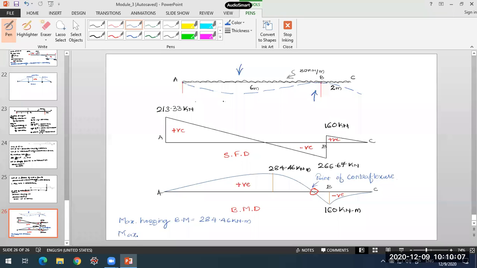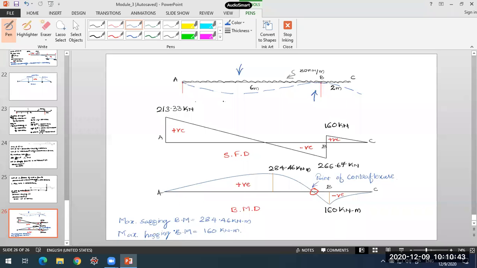There is a negative maximum in terms of negative moment also. Sagging.